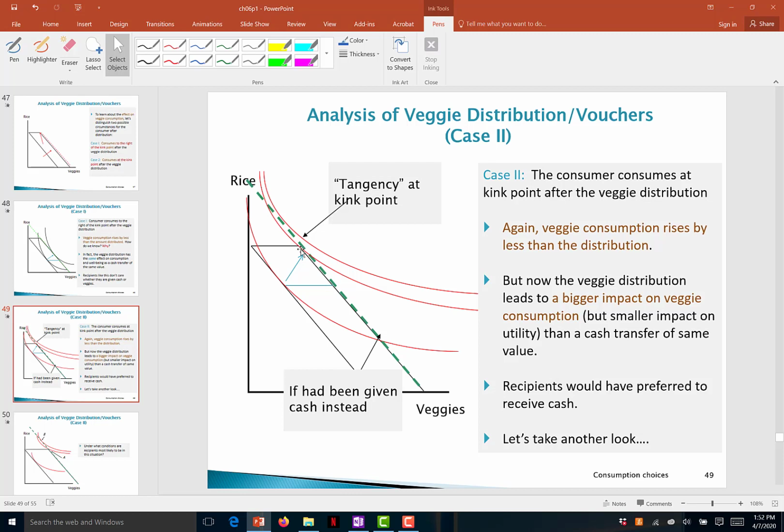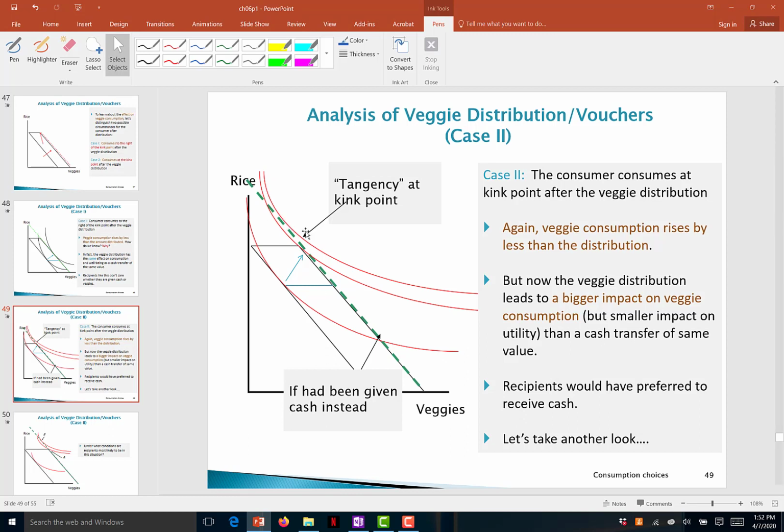Yes, the free veggies are an improvement, as you can see by him or her switching to a higher indifference curve. However, if that same person had received a cash transfer of the same value as the veggies, that person would choose not this bundle of consumption but here. So he would choose less veggies and more of other goods, in this case rice.